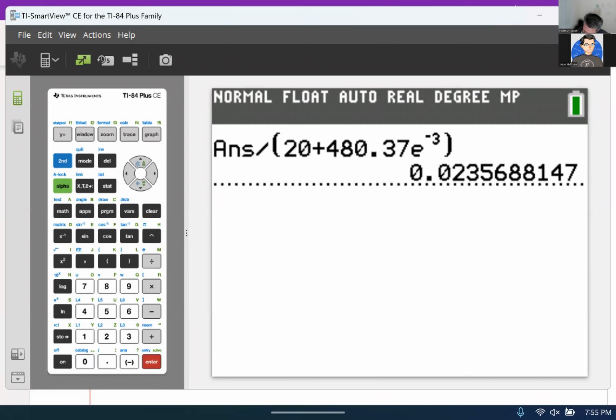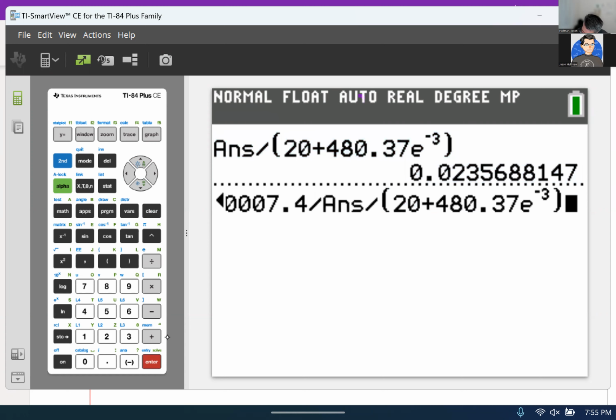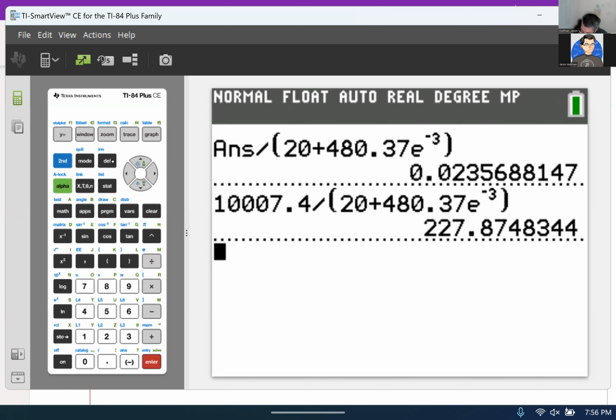Okay, let's just do this: 10,007.4 divided by, let's get rid of the answer portion. Let's see what happens. There we go, finally. 227.87 is the population after 30.